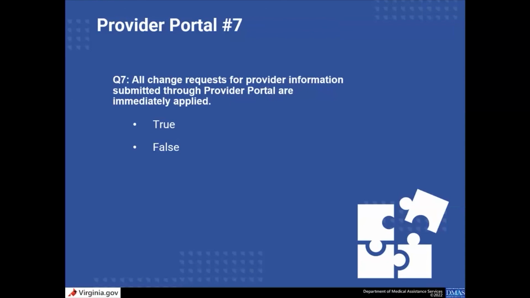Question 7. All change requests for provider information submitted through Provider Portal are immediately applied. Is this true or false? The correct answer is false. Certain items require additional processing by a PRSS clerk for approval.